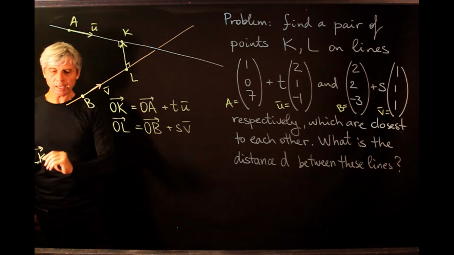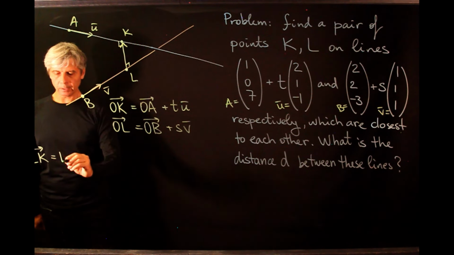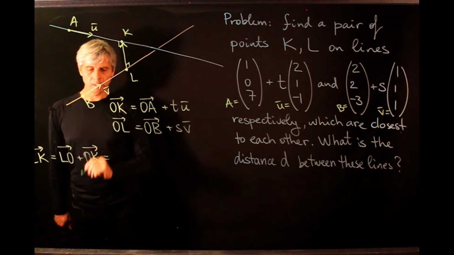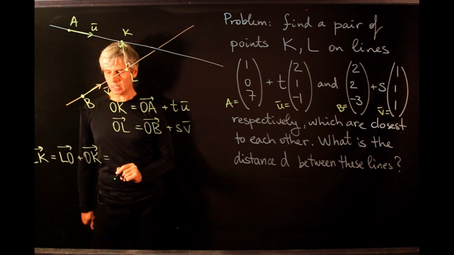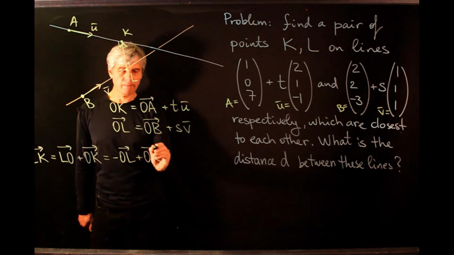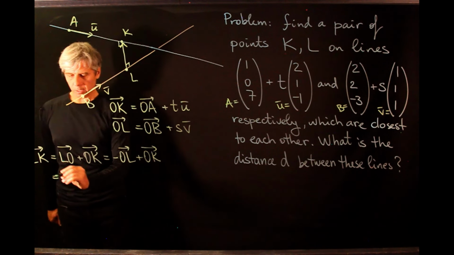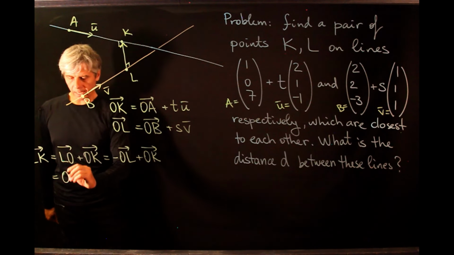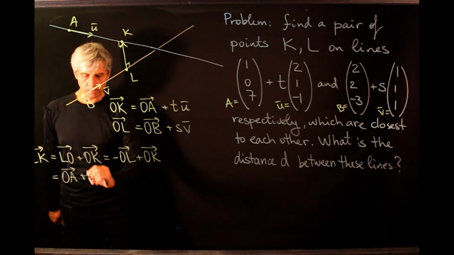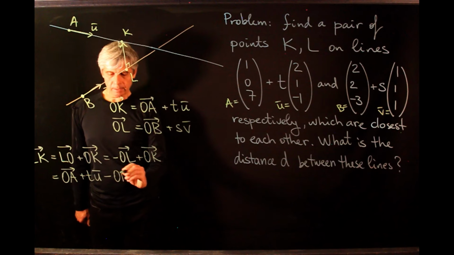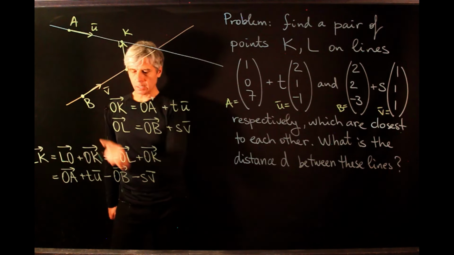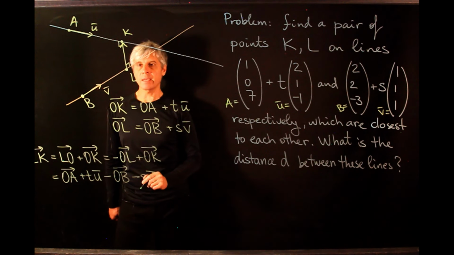So the vector LK is equal to LO plus OK. And so this is minus OL plus OK. And so this becomes OA plus tu minus OB minus sv.